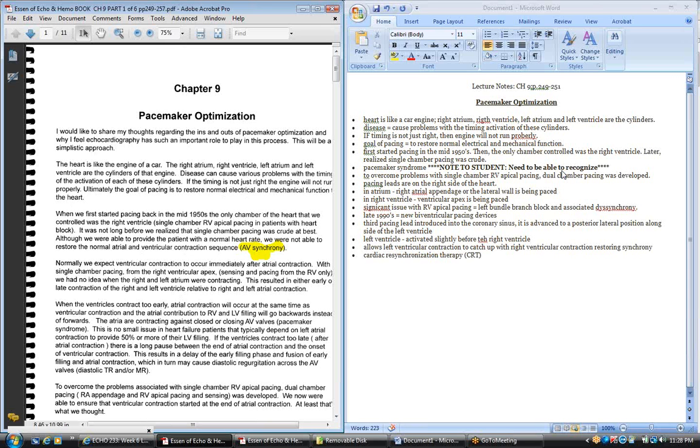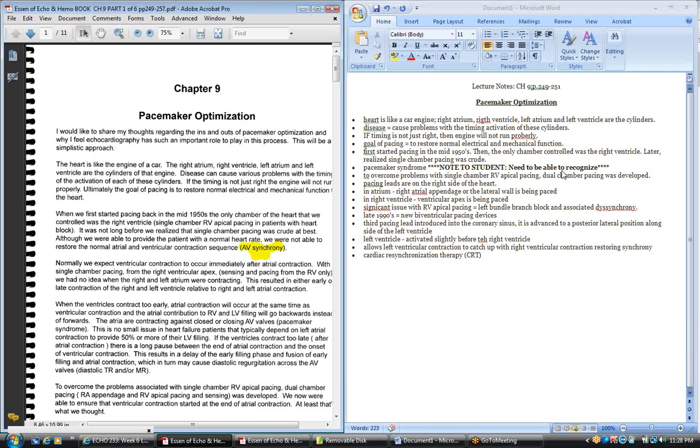So if you look on the left-hand side, you'll see a lot of things that deal with single chamber pacing problems when you're pacing from just the RV. By using just the RV, you have no idea when the right and left atrium are contracting, because you're only pacing the right ventricle. So you don't know if the atria are contracting or when they're contracting.